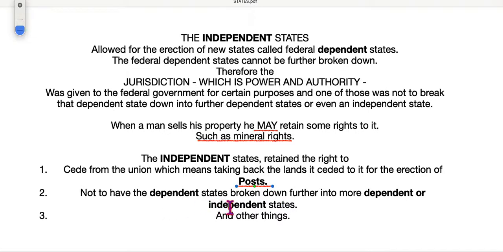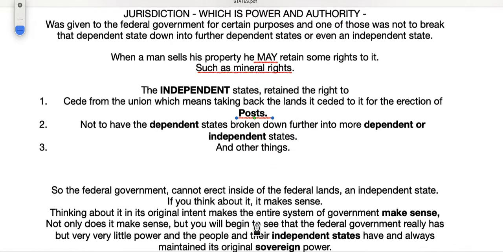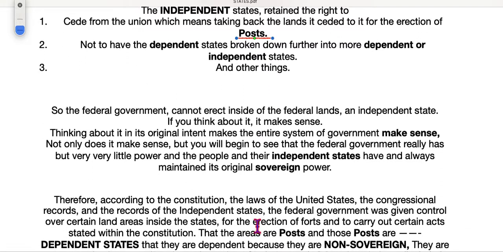Not to have the dependent states broken down further into more dependent or independent states. Not to create a state within a state. And other things, but we won't get into those other things because right now we're talking about the states.